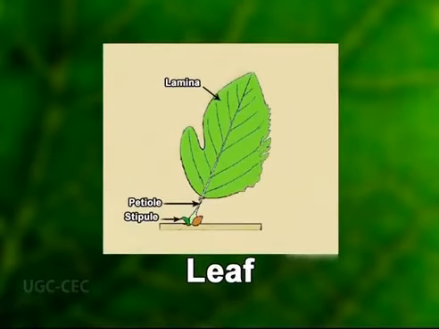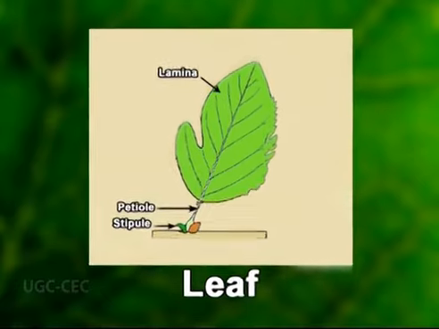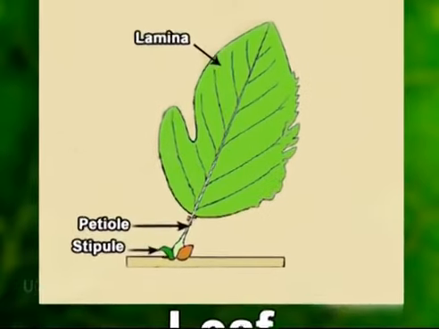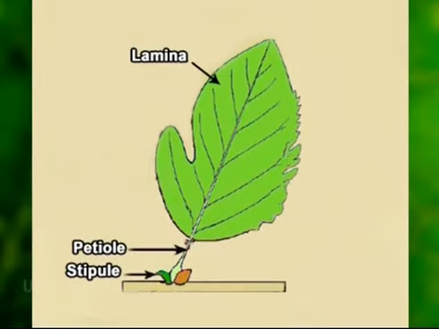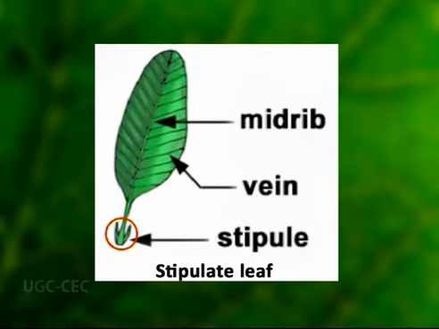A structurally complete leaf of an angiosperm consists of a petiole, that is the leaf stalk, a lamina, meaning leaf blade, and stipules, small structures located to either side of the base of the petiole.